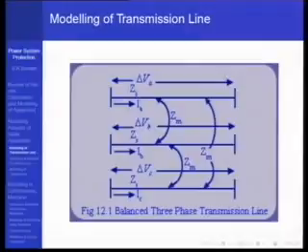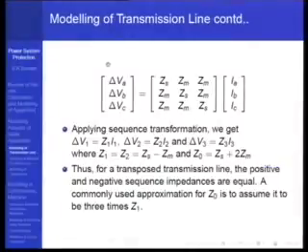Now this model I have already told, we have just finished the modeling of transmission line in sequence domain. The one point which you should note is that positive sequence impedance is equal to negative sequence impedance, equal to Zs minus Zm, and the zero sequence impedance is different. That happens because of the symmetry and being a non-rotating device.